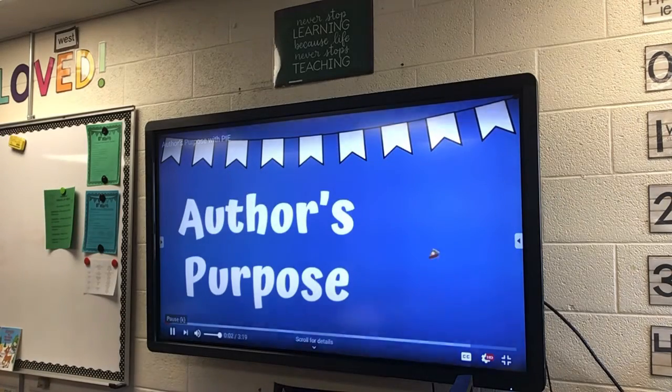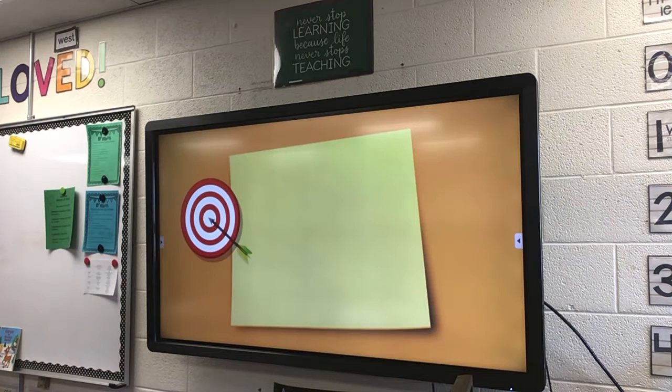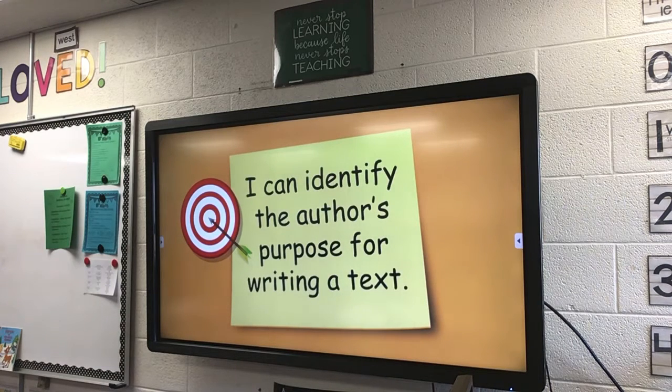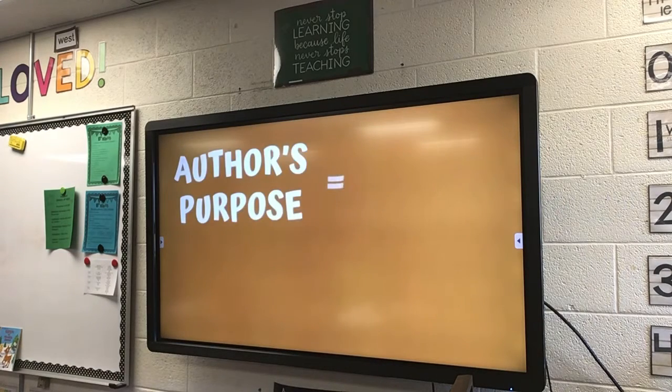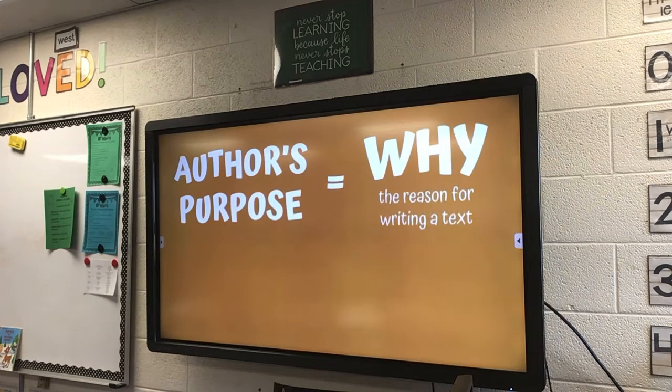Today's lesson is about author's purpose. Our learning objective is I can identify the author's purpose for writing a text. Author's purpose is why the author wrote the text, or the reason for writing a text.